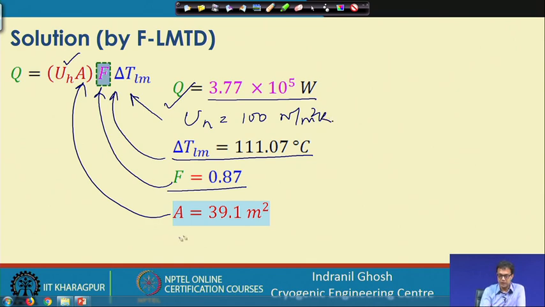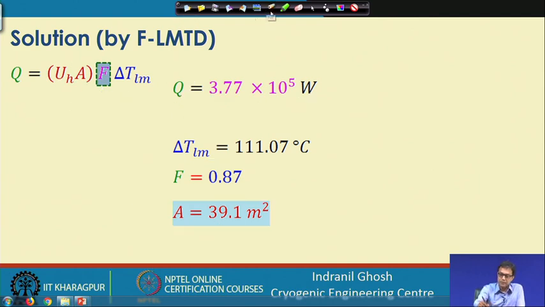Accordingly, we find the area to be 39.1 meter square. In our earlier calculation, we got a similar value of 39.1 or 39.7 meter square, and that discrepancy is mainly because we have estimated the correction factor, so there are inaccuracies involved, and the inconsistency in the area calculation is because of that.